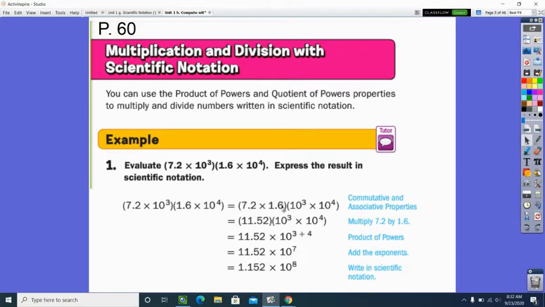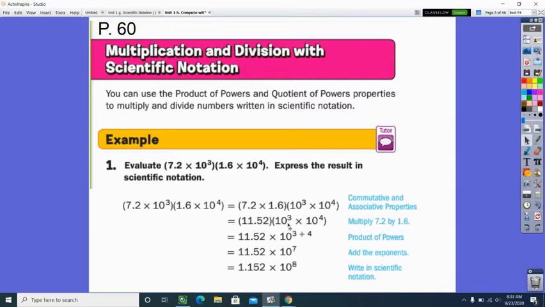So right here, 7.2 times 1.6, I'm picking up my calculator, and I'm going to multiply those, and I'm getting 11.52, and that will be the number in front of the multiplication in the answer of multiplying these two scientific notations. It's called the product. So the product, the final answer, will be 11.52 times.